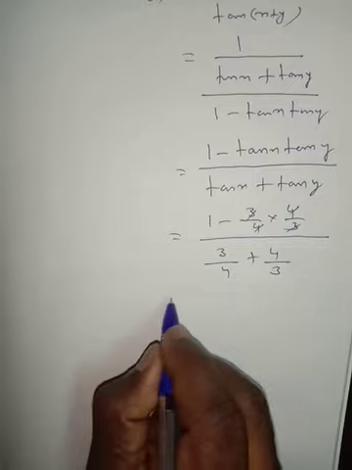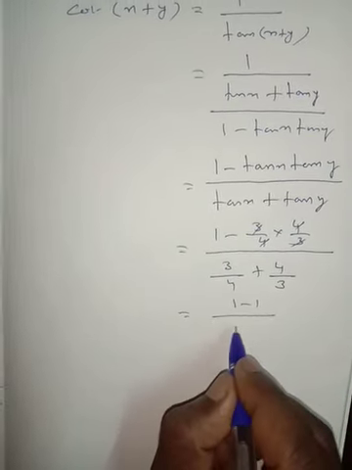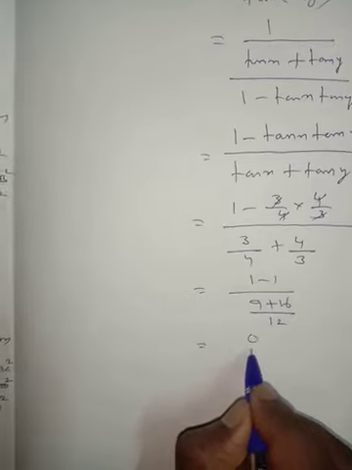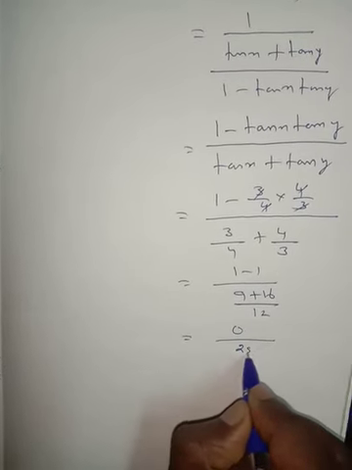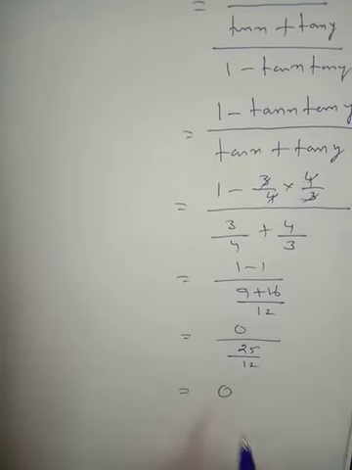Cancelling these two, we get 1 minus 1 divided by 9 plus 16 divided by 12. Now 0 divided by 25 by 12. 0 by anything is 0.